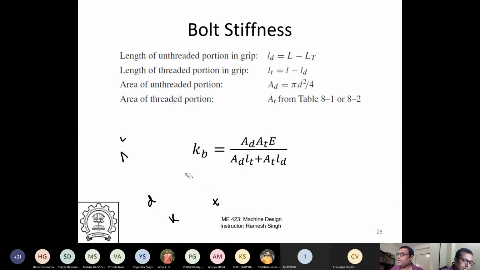Now the issue is, why do you need to worry about this bolt stiffness? Why do you think bolt stiffness is important? Why do we calculate this in the first place? Anybody? Is it required?